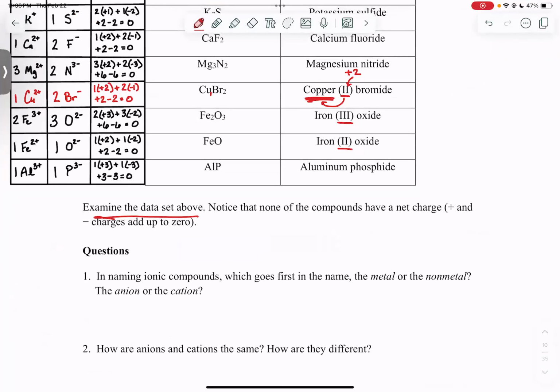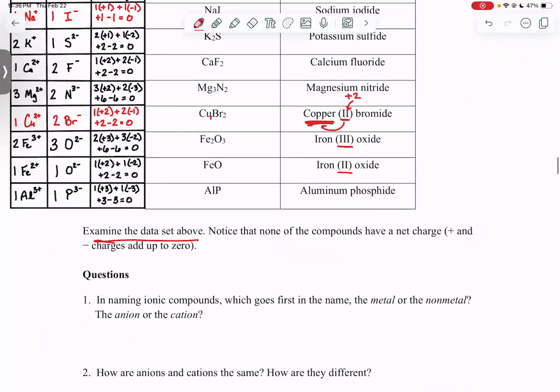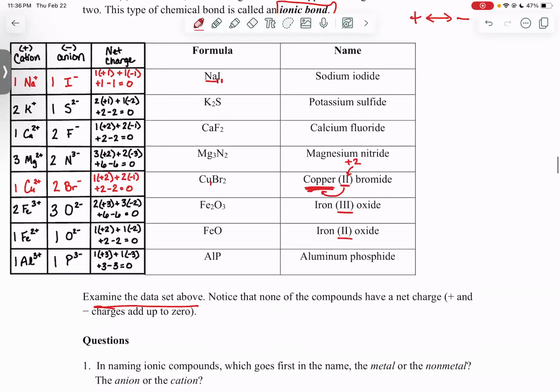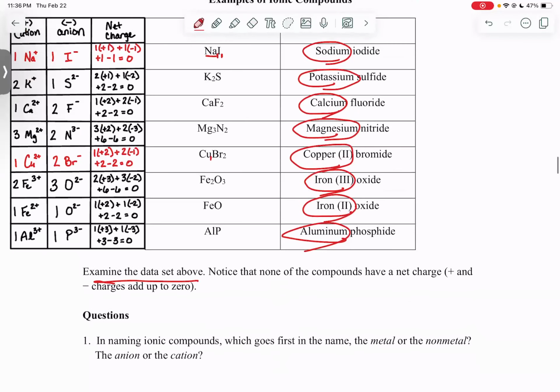In naming ionic compounds, what goes first in the name? The metal or the nonmetal, the anion or the cation? If we look at all of these, everything that comes first, sodium, potassium, calcium, magnesium, copper, iron, aluminum, they are all metals.